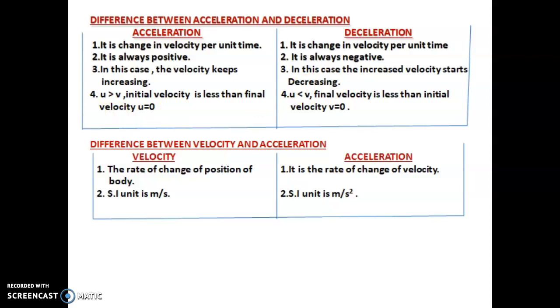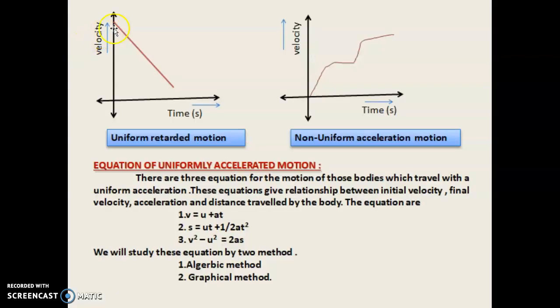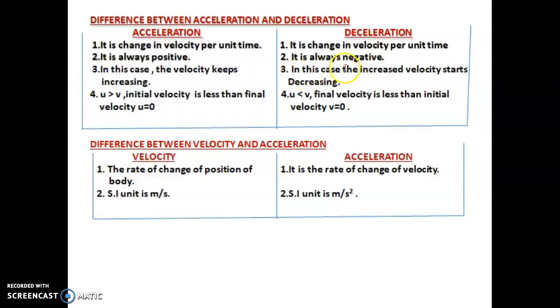You can see in this graph, the velocity increased, but along with time it decreases. This is the example for uniform retardation, that is deceleration. In this case, the initial velocity is greater than the final velocity, so finally v is equal to 0.